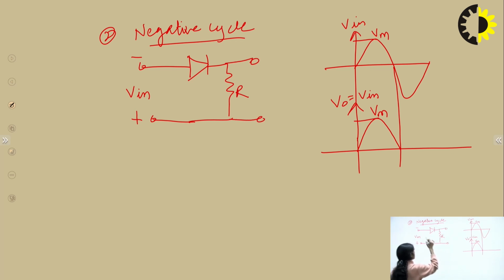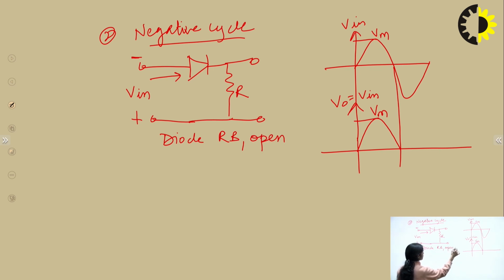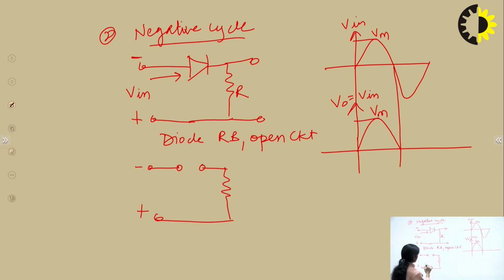The negative end is connected to the positive of the diode, so the diode will be reverse biased, and in reverse bias condition it works as an open circuit. In the equivalent circuit, the diode becomes open and the current is equal to 0.